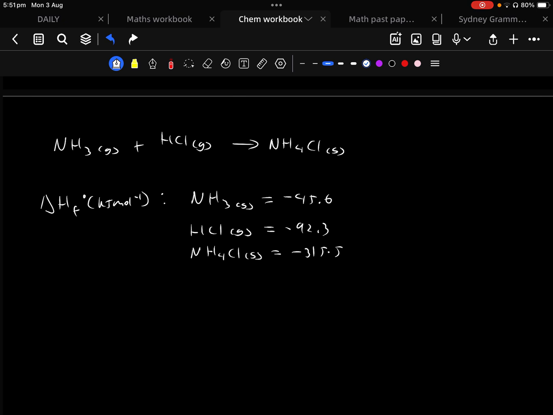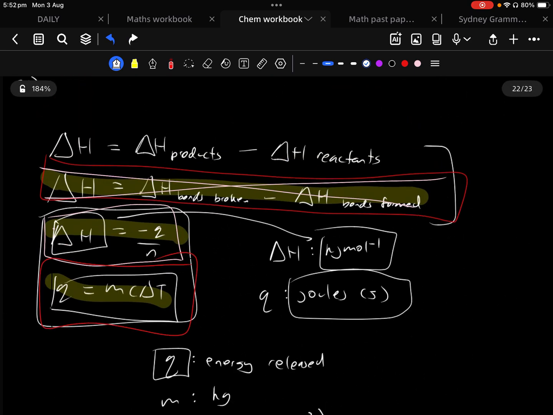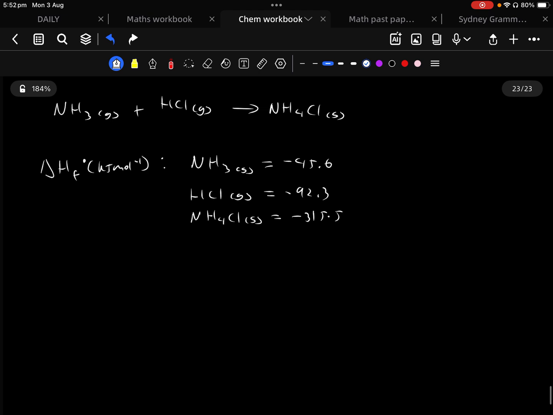So we're going to calculate the change in enthalpy of this reaction. The question gives us the delta H of formation of each reactant and product. So we know the delta H of our reaction equals the products minus reactants, which is this minus this.